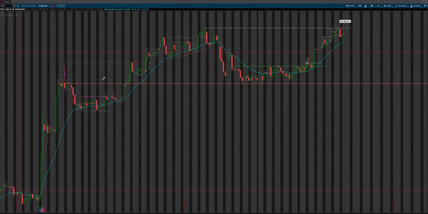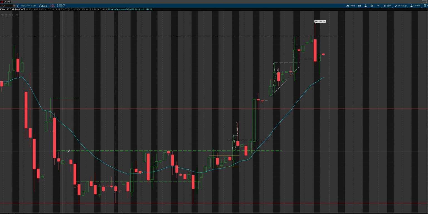So this resistance area has become a support area. It's higher than it was before. It had one rejection, two rejections, three rejections, so I created my new resistance area.